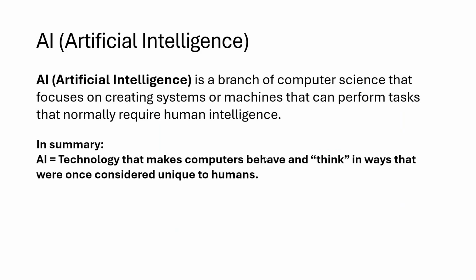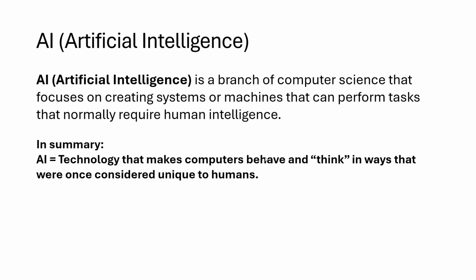So AI is a branch of computer science that focuses on creating systems and machines that can perform tasks that normally require human intelligence. In summary, a technology that makes computers behave and think in ways that were once considered to be human, right?